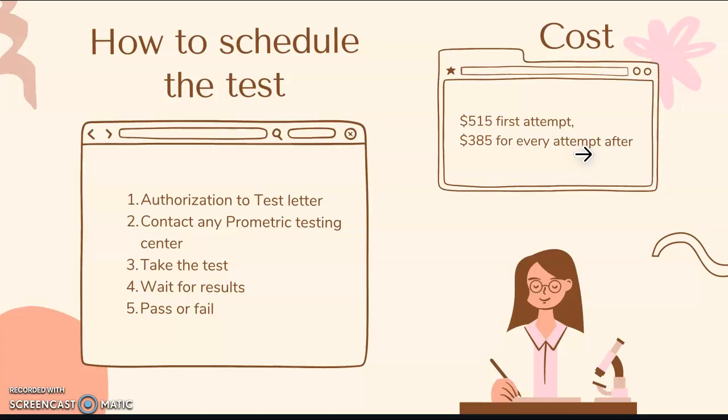On that letter, it'll have instructions to contact any testing center, a Pearson VUE testing center, so you can schedule an appointment to take the test on a date and time.